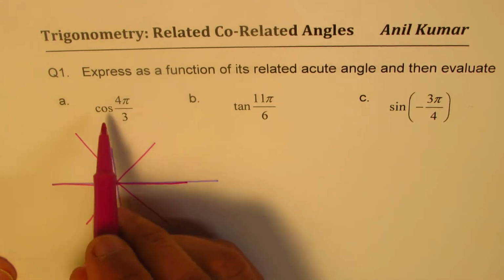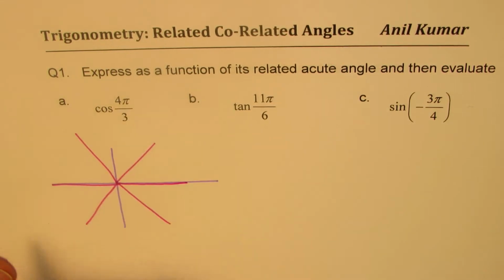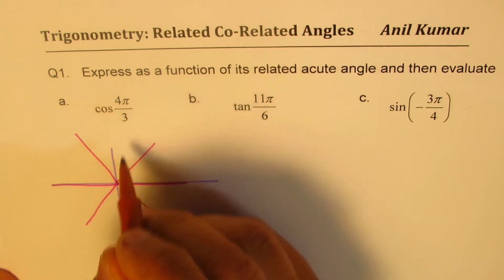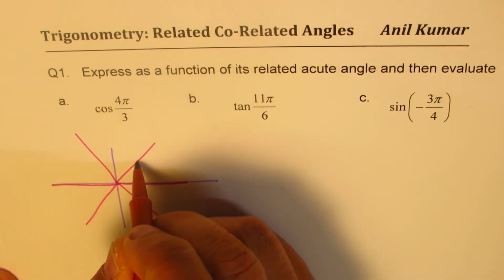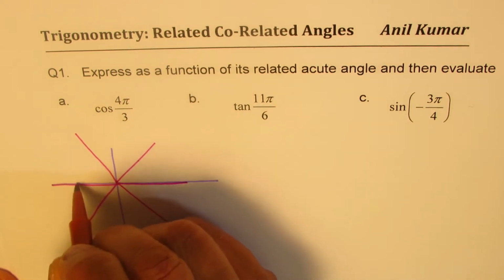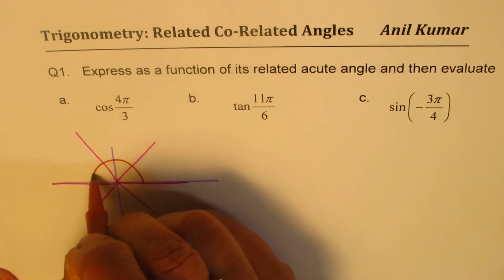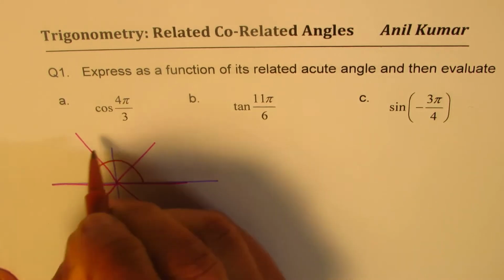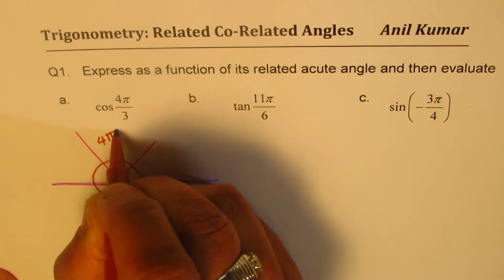When we say cos 4 pi by 3, we are talking about the principal angle being at 1 pi by 3, 2 pi by 3, 3, and then 4 in quadrant 3. So that is 4 pi by 3. Clear?